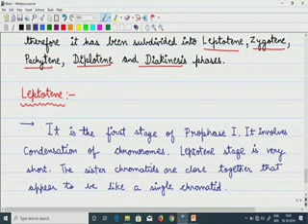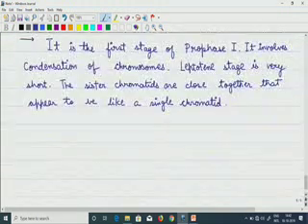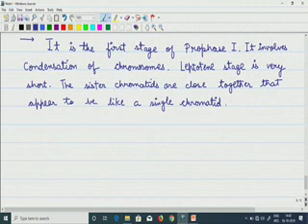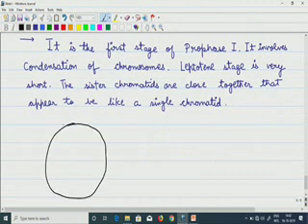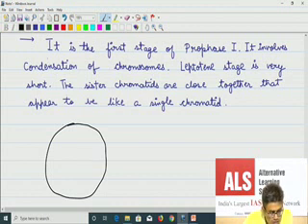So, let us draw the leptotene stage. In the leptotene stage, you will have to draw a large, sufficiently visible structure, and in that I am going to label a nuclear envelope that is disintegrating.